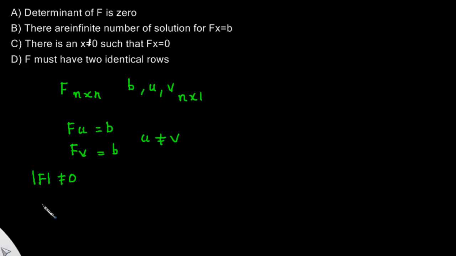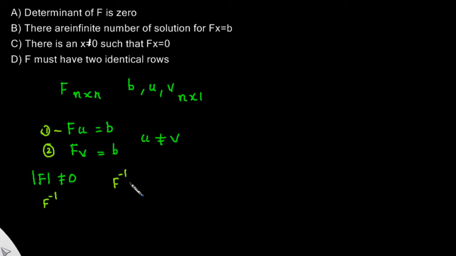So determinant F not 0 means F inverse exists. By using these two conditions, let's say this equation is 1 and this equation is 2. Let's multiply both equations with F inverse.